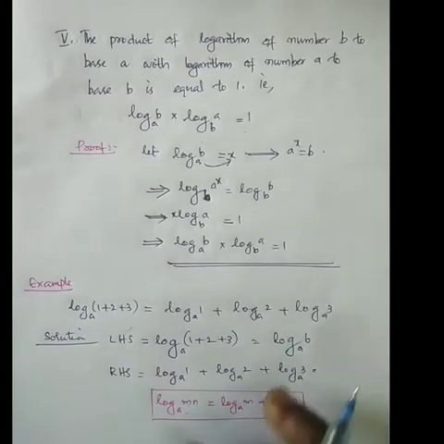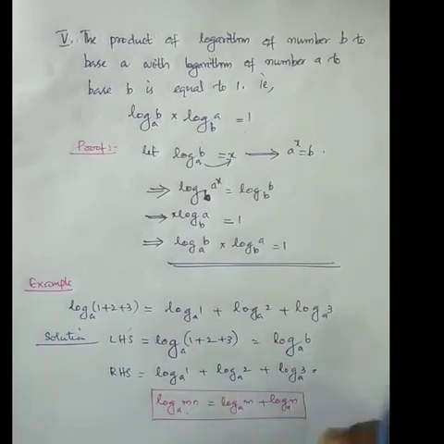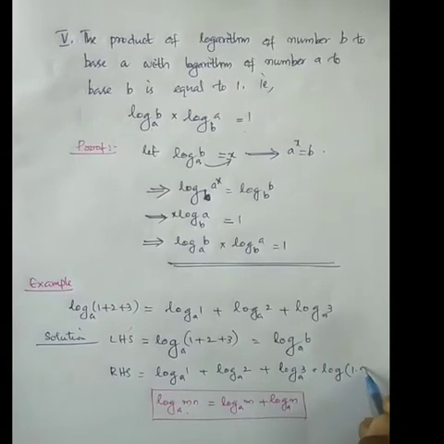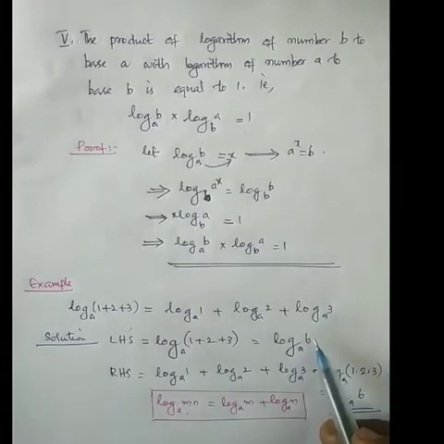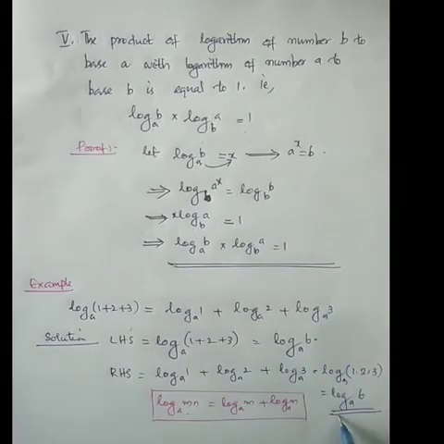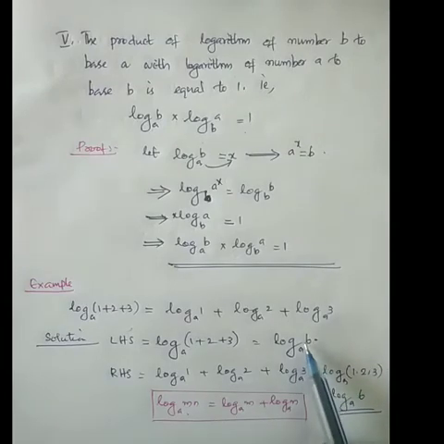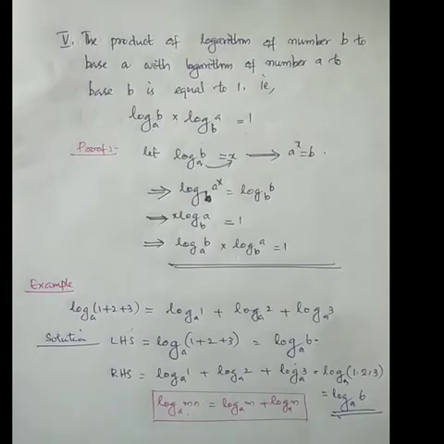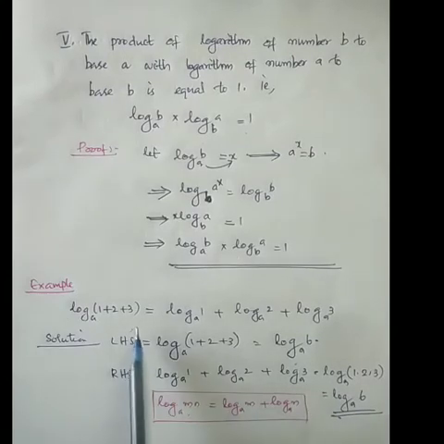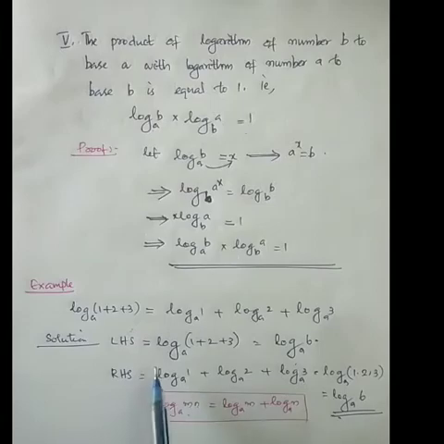We can rearrange this as log of 1 into 2 into 3 to the base a. 1 into 2 into 3, it is 6. Okay, log 6 to the base a. So here LHS and RHS got the answer log 6 to the base a. Since LHS and RHS are equal, hence we prove the identity. Okay.